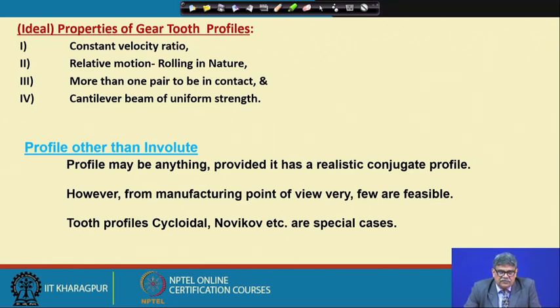Novikov is another type of profile which is also used for gears. However, it is found that among all, involute is the best, and our gear design, what we will learn from now onwards, is mostly on involute gears.